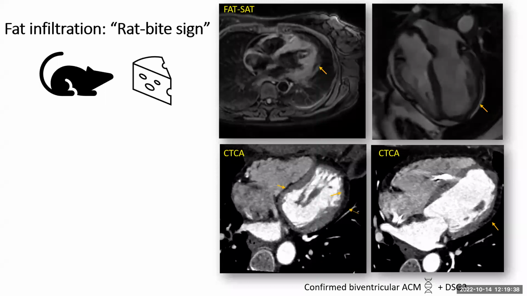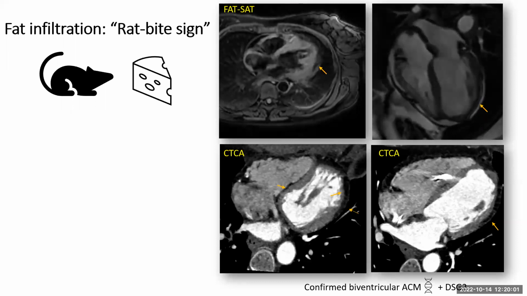One of the distinct features of ACM is fat infiltration, and although this is not included in consensus criteria, it is something to look for to support the diagnosis. We can see fat very well with the MR, but also CT does a pretty good job in both contrast and non-contrast acquisition. Look at this case of advanced stage biventricular ACM.